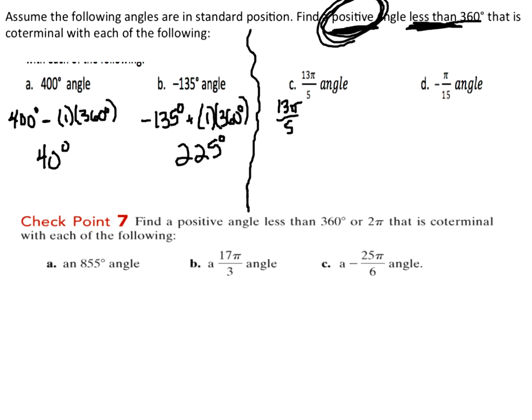So I'm going to subtract K times 2 pi, and in this case there's only one 2 pi in there, because it's 2 3/5 pi, which is 13/5 pi. So I'm just going to subtract 2 pi, but I cannot subtract fractions that do not have a common denominator. So this is really over 1.